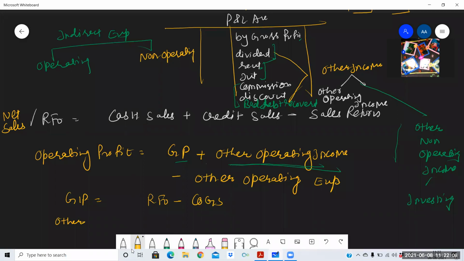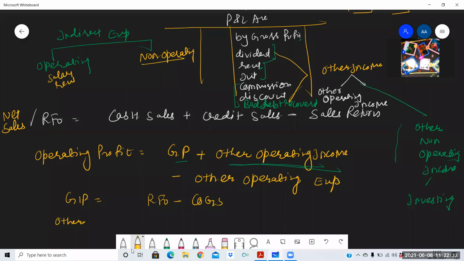All the expenses which are related to business operations, like salary paid, rent paid, telephone bill paid, electricity bill paid, sundry expenses, trade expenses. There is a long list of operating expenses. So it's not advisable to learn that long list. Better to keep in memory only the non-operating expenses.